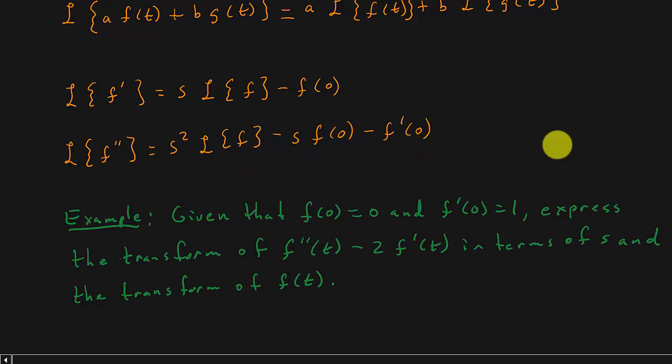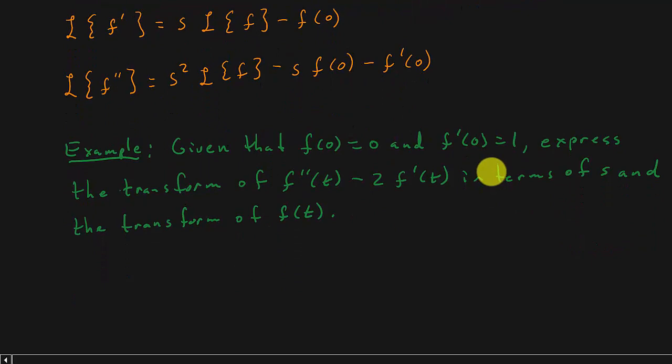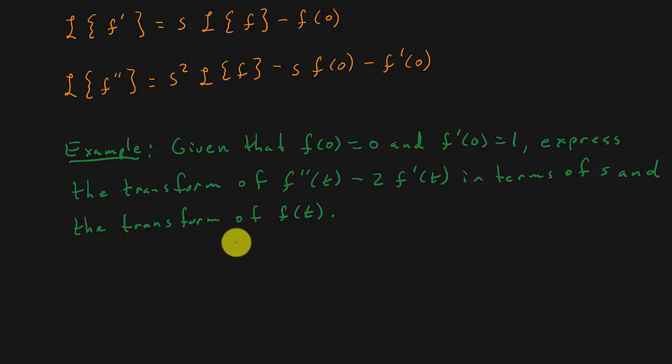All right, so what they're wanting us to do here is they're saying, given that f of 0 equals 0, f prime of 0 equals 1, express the transform of this in terms of s and the transform of f of t. Okay. All right. So how would we go about this?